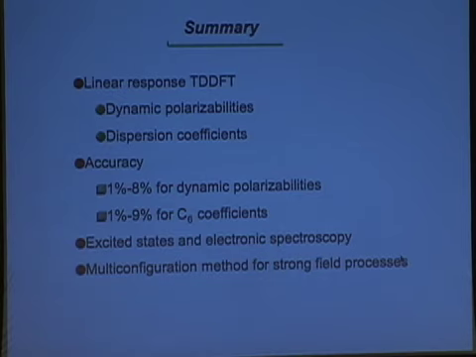For most cases, the error for dynamic polarizability is about 1% to 8%, and for the C6 coefficient between 1% and 9%. We can also use TDDFT to calculate excited state properties and compare to electronic spectroscopy. There's also this newly developed approach for strong field processes.